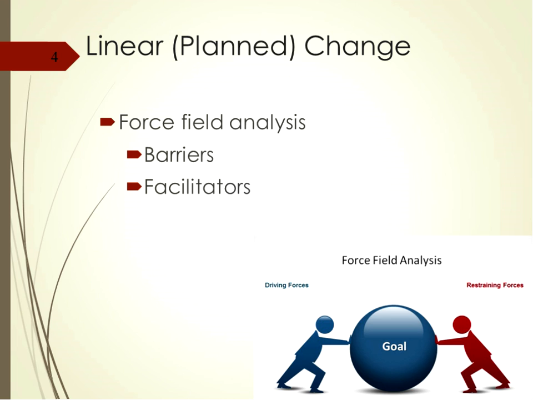A common way to view planned change is to use Lewin's force field analysis. This analysis allows us to look at all elements in a situation to determine what barriers we must overcome and how quickly a change can occur.